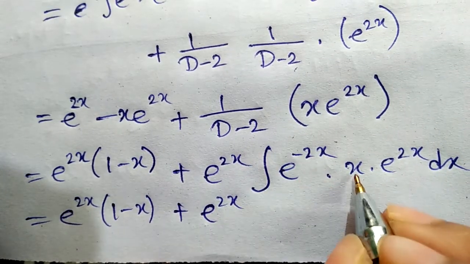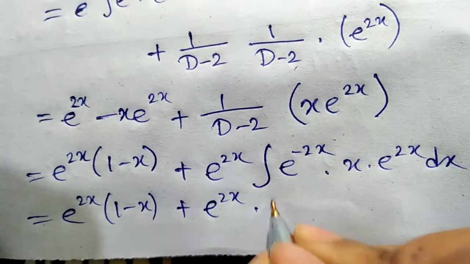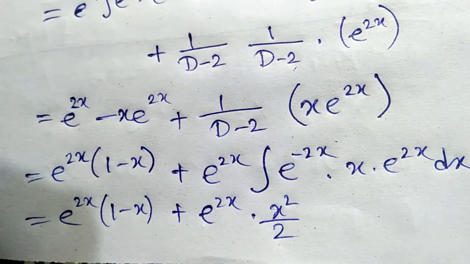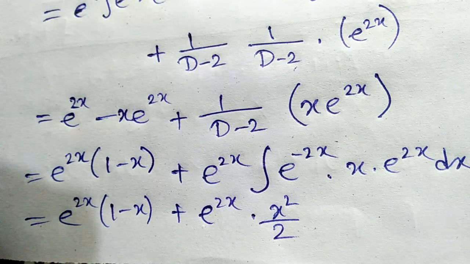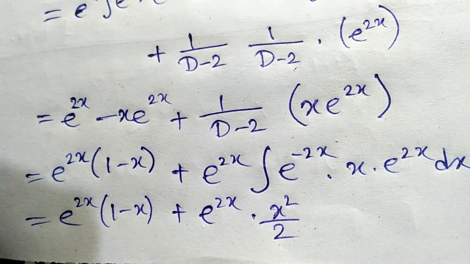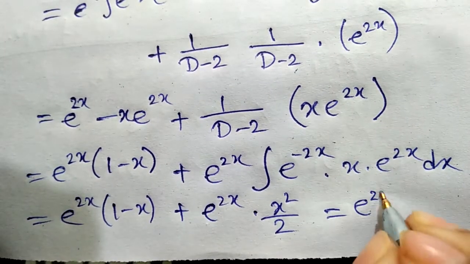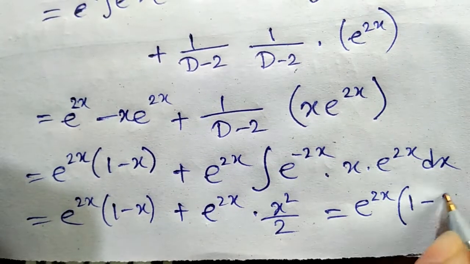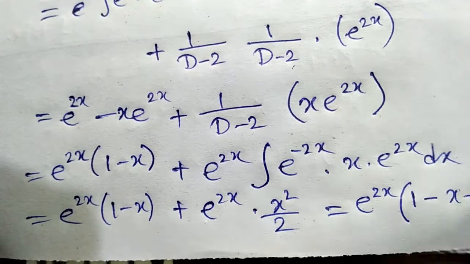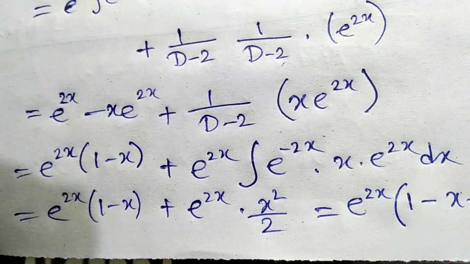So only integration x dx, that means x square by 2. Okay, so we get e to the power 2x into 1 minus x plus x square by 2.